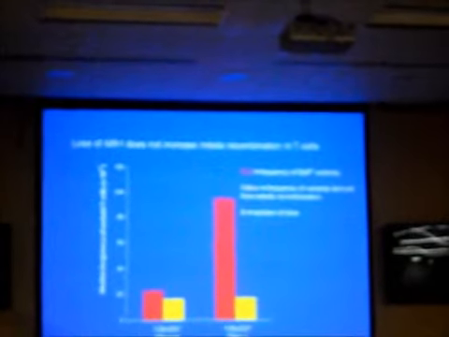We do the same experiment, same background, but in a background that is absent for this mismatch repair protein. What we see is the mutant frequency is increased about 6 to 8-fold, but there's no effect on mitotic recombination frequency. That's remained about the same.